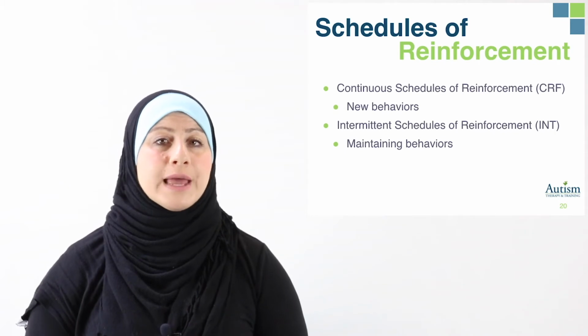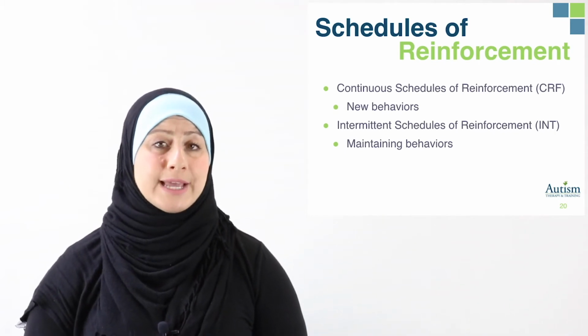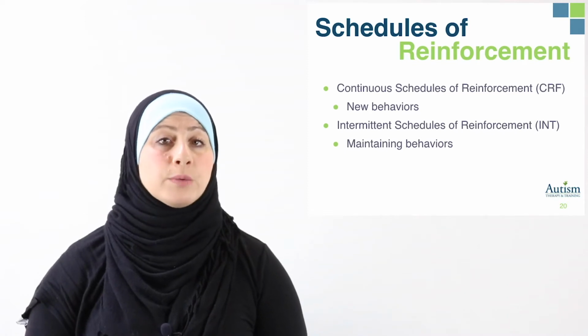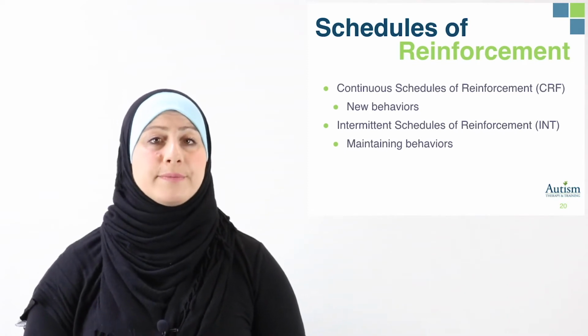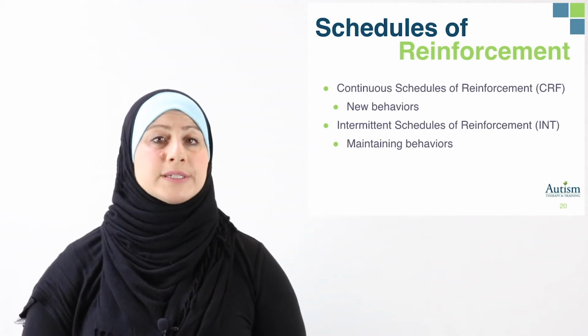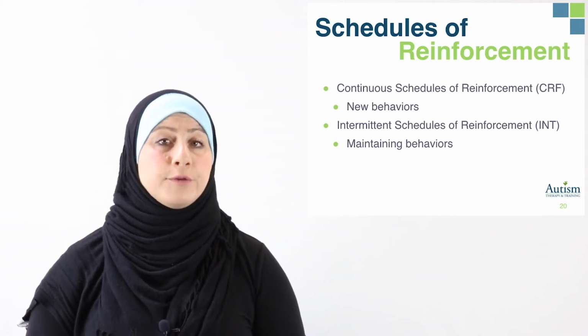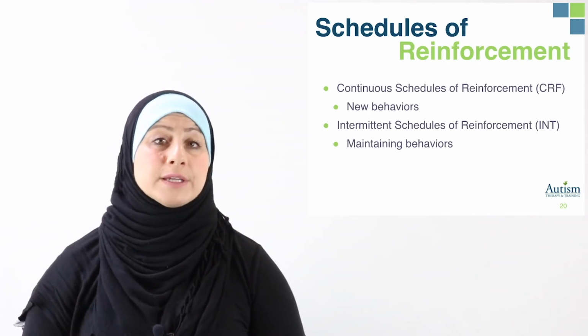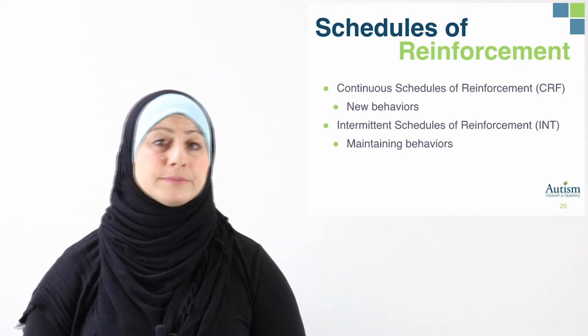The behavior would then be placed on an intermittent schedule of reinforcement. That is, the behavior will be reinforced every now and then. We'll discuss intermittent schedules of reinforcement in a few moments. But I'd like to talk more about continuous schedules of reinforcement and the effectiveness of a reinforcer.